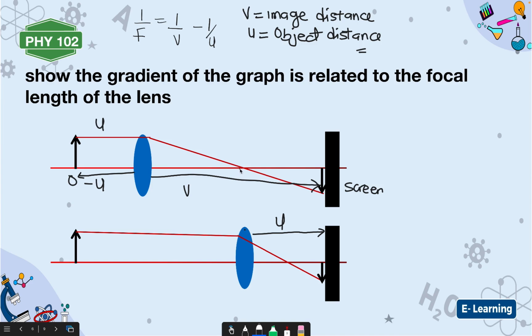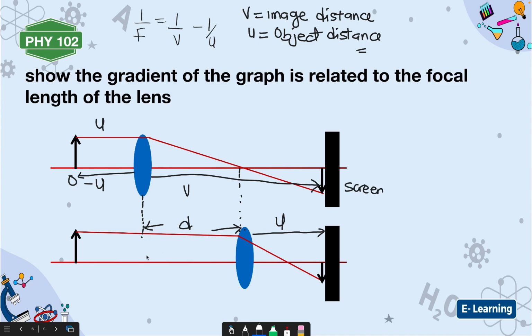Now, if you measure it, this is the second lens and this is the first lens. The distance between the first and the second lens is our D. Are you getting it? Which is the distance of separation between the lenses.